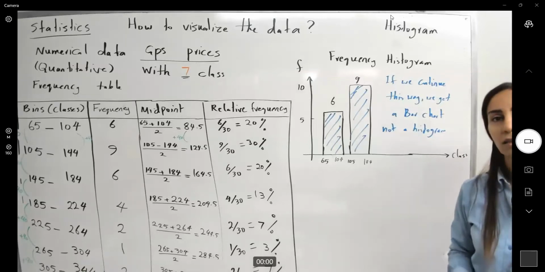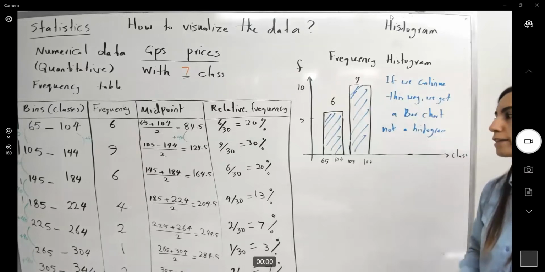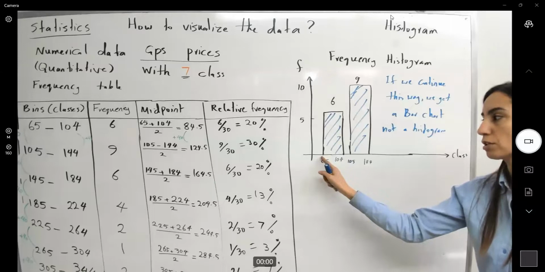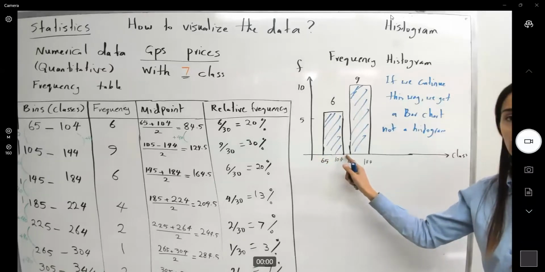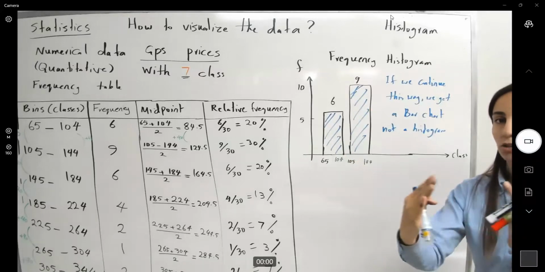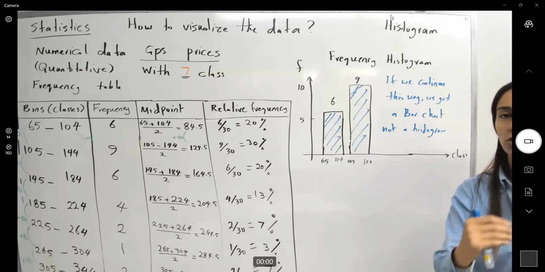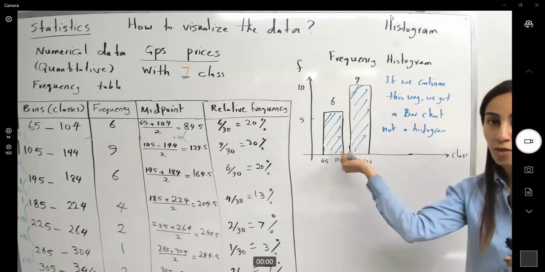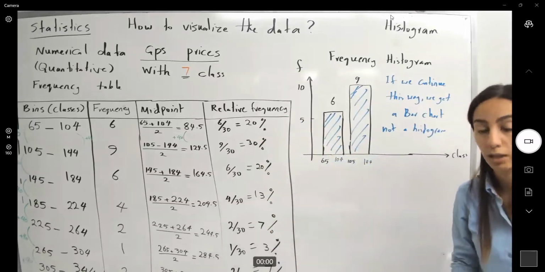In statistics, what they do, they say, well, let us shift these bars half a unit to the left, half a unit to the right. So I'm trying to stretch these bars to the left, to the right, so they overlap at a number which is not part of the data collection.